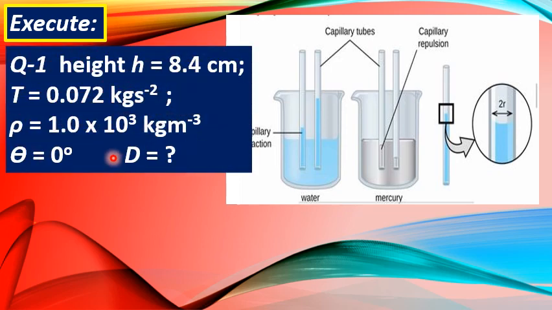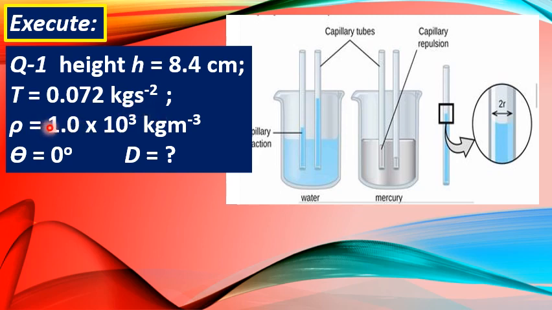In question number 1, the height, small letter h, of the water in the tube is given as 8.4 centimeters. The surface tension, capital T, of pure water at 25 degrees Celsius is also given as 0.072 kilogram per second squared.